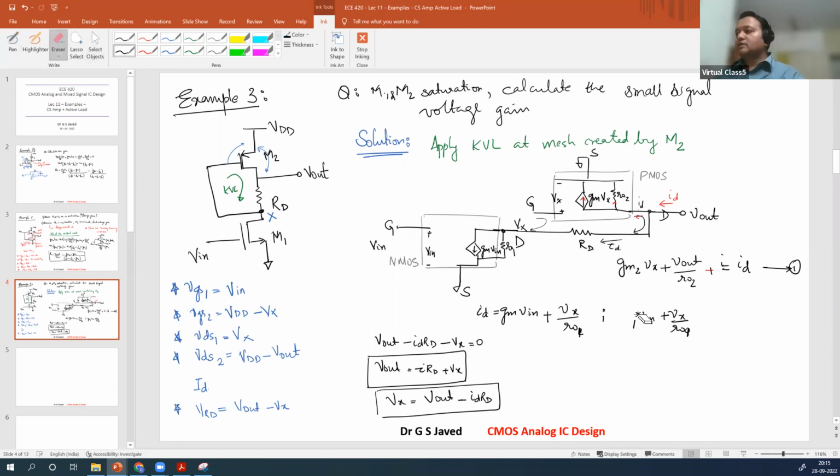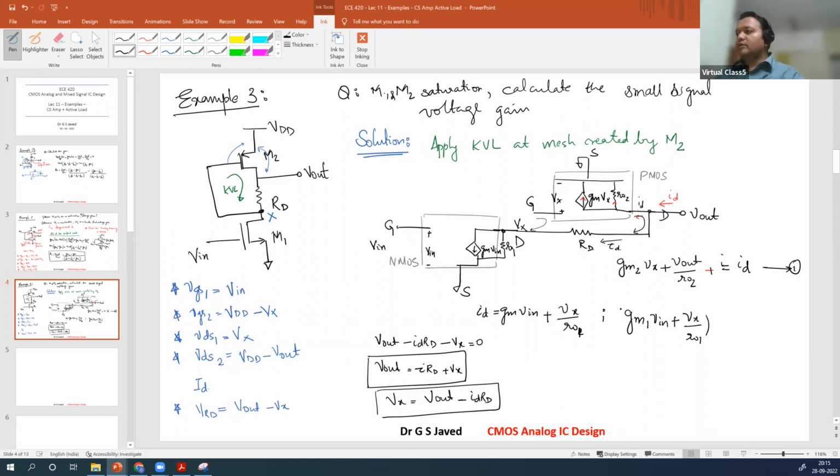When you apply this KVL, the value you get is gm1 V in plus Vx by RO1. So this is the total amount of current.